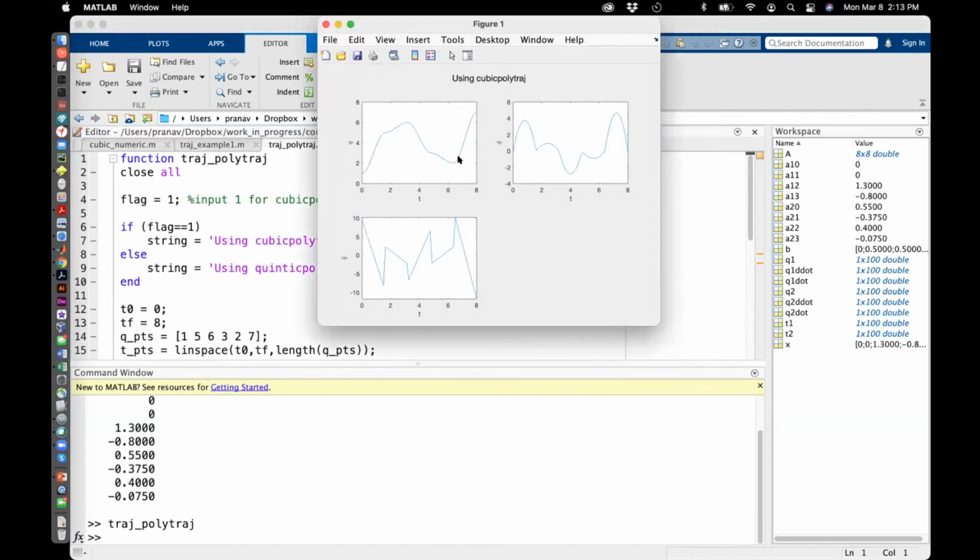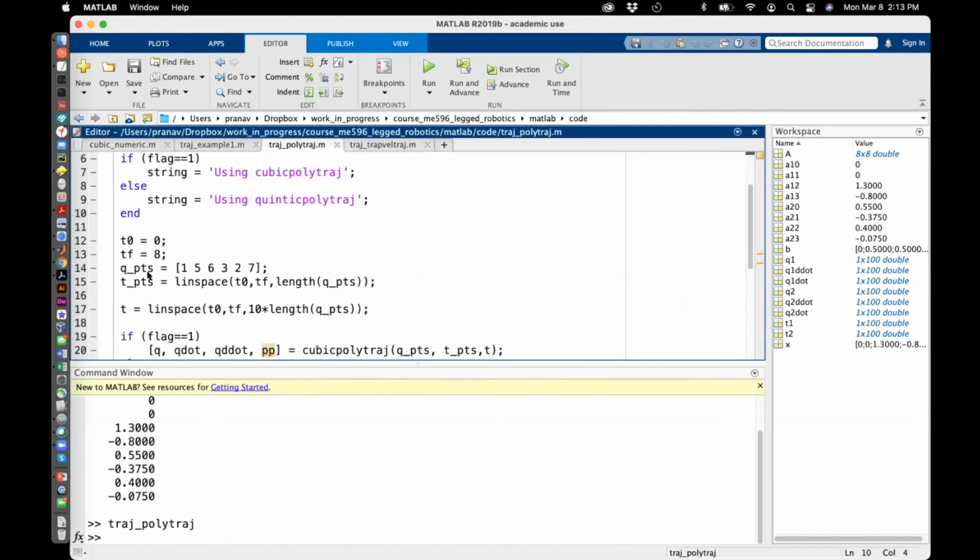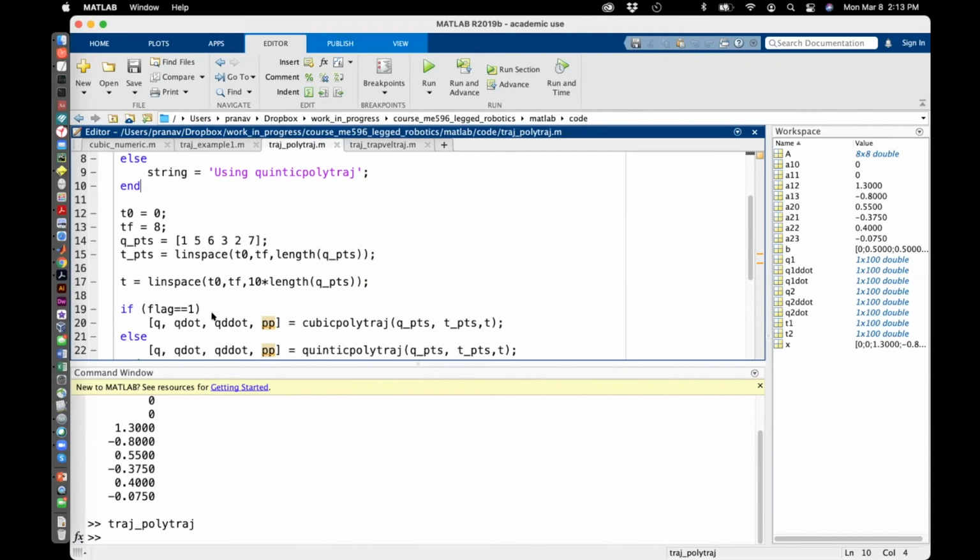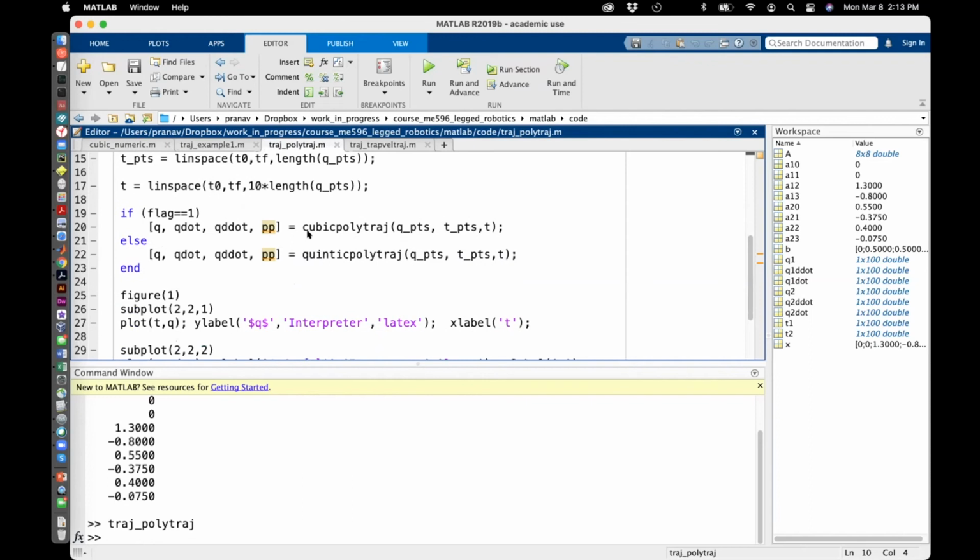So what's going on here? In this case, I define a number of points, and the good thing is that you can generalize it to any number of points. I define a cubic trajectory, which is an extension of the cubic profile I showed you.